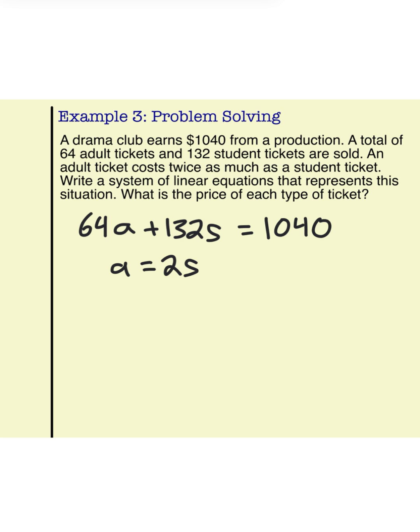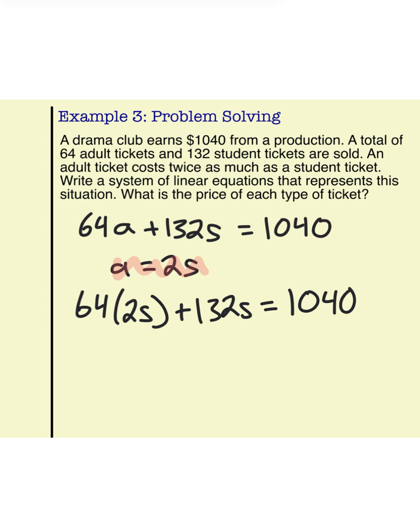So because in the second equation I already have A equals 2S, I'm going to substitute that 2S for A. So I'm going to rewrite my equation as 64, but instead of writing A, I'm going to write 2S, plus 132S equals 1,040.